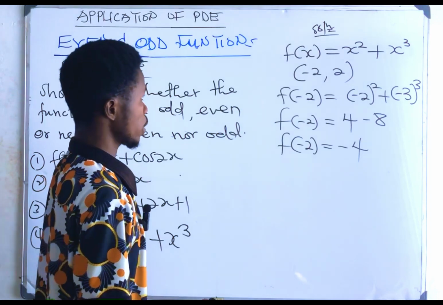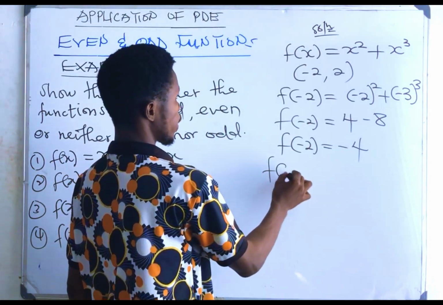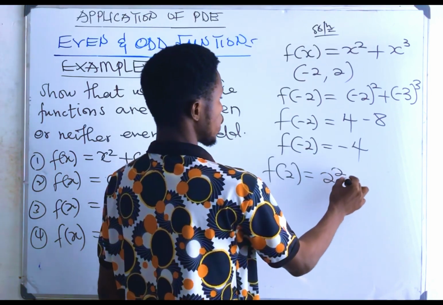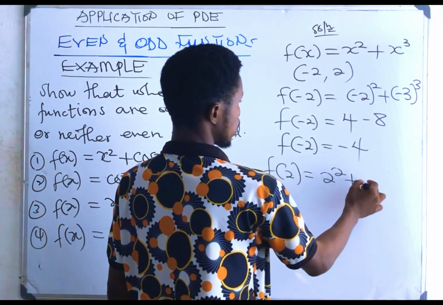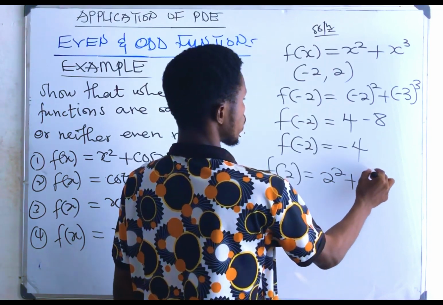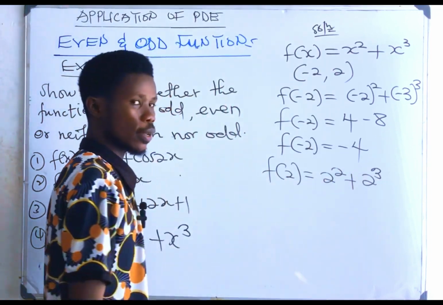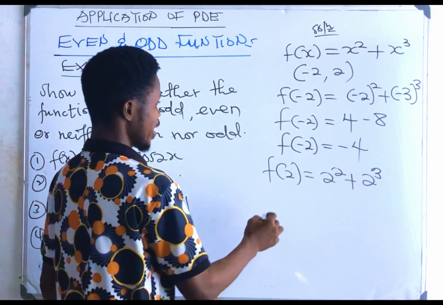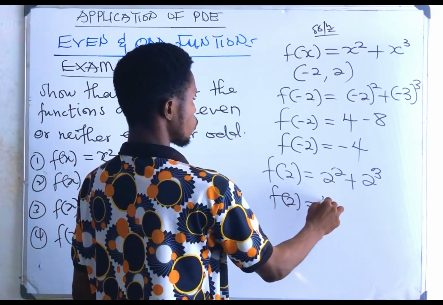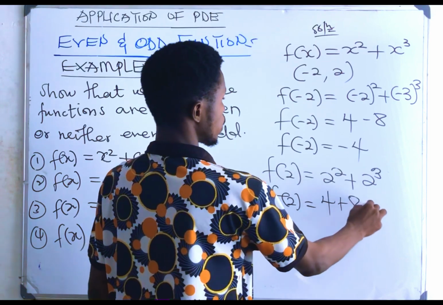Is that right? Yes. Now we move to f(2), which is 2 squared plus 2 cubed. I nearly interchanged the power and the base. So here f(2), 2 squared is 4 plus 8, which is 12.